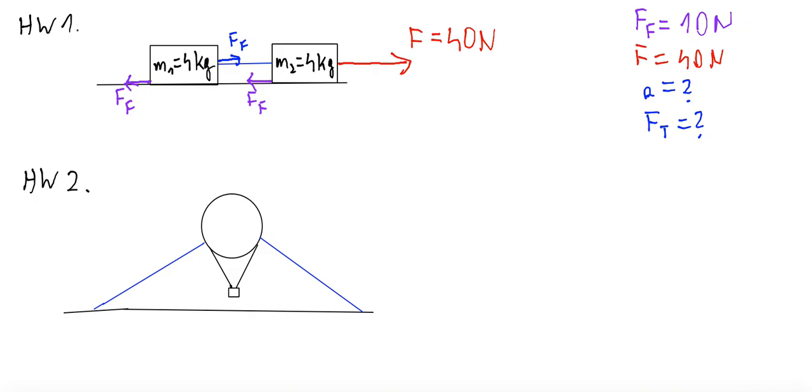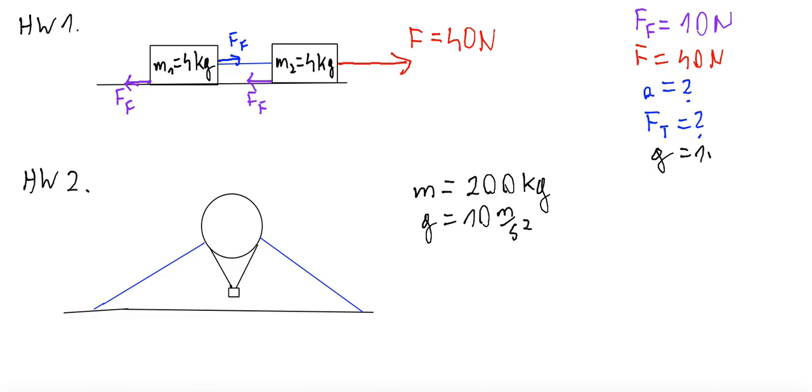The mass of the balloon is known. Let's say it's 200 kilograms, a small balloon. You can use g as 10 meters per second squared, of course, as in the previous exercise.